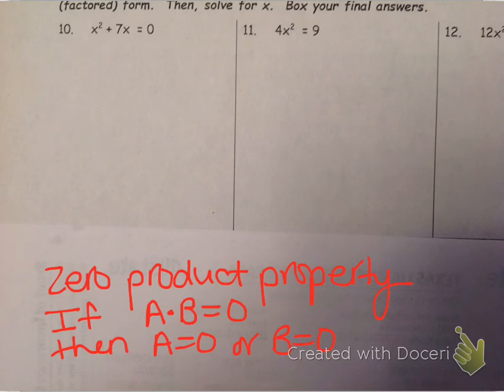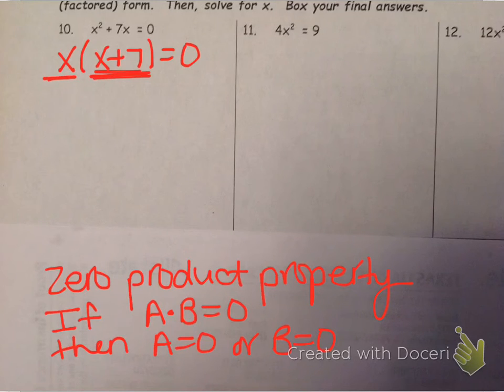So on number 10, all it requires to factor it is to pull out your GCF, and your GCF for number 10 is just an x. And so if I pull the x out, it leaves me with an x plus 7. And it was already set equal to 0, so that part was fine. And so now this is my first factor, and this is my second factor.